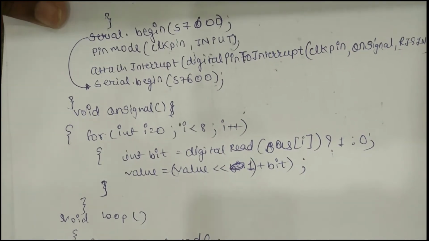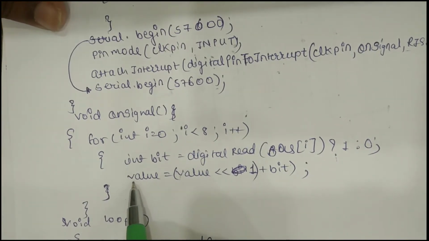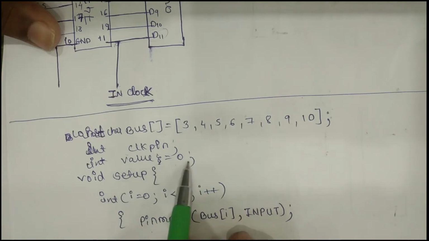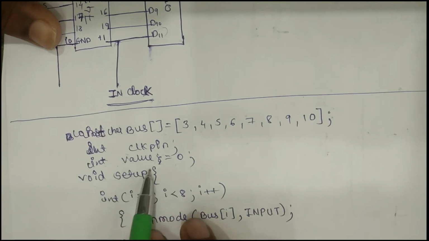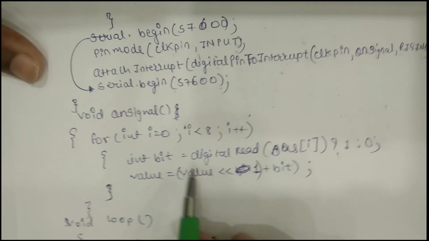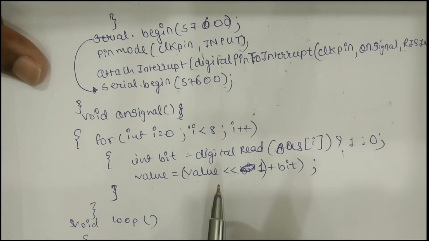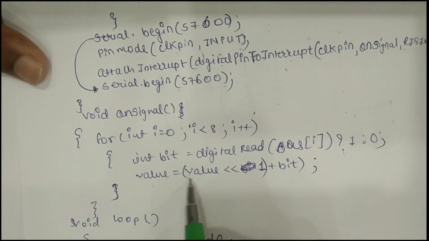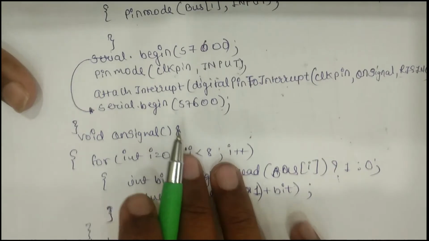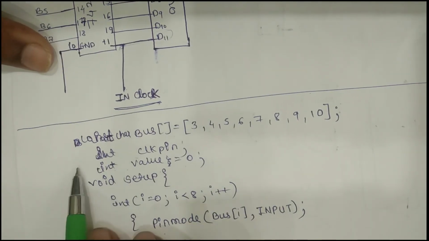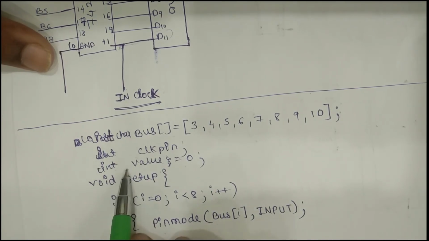Further, we have declared an int variable value here. As this is a single bit, and we need to store each and every value, it will be an 8-bit value. So after defining it, we have to define it as an unsigned 8-bit value.